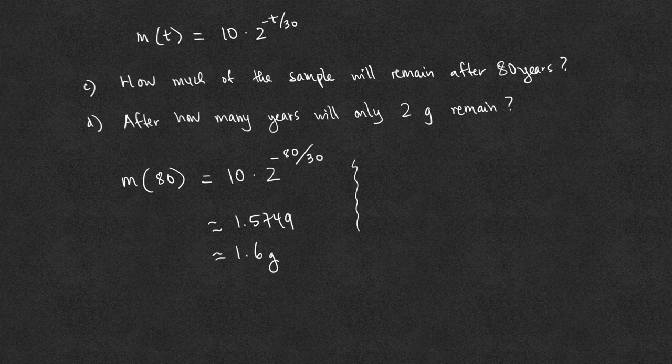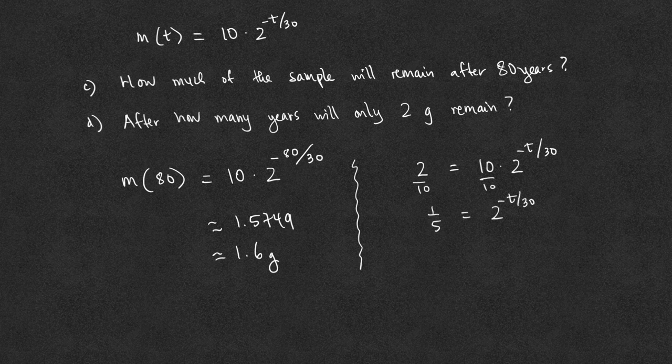How many years after will only 2 grams remain? The mass is now 2 equals 10 times 2 to the negative t over 30. We're looking for t. We divide by 10 on both sides of the equation to get 1 over 5 equals 2 to the negative t over 30.